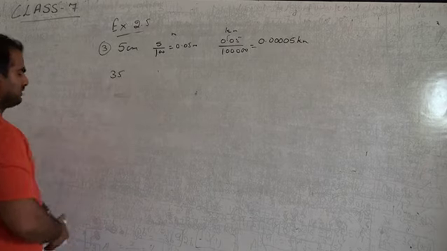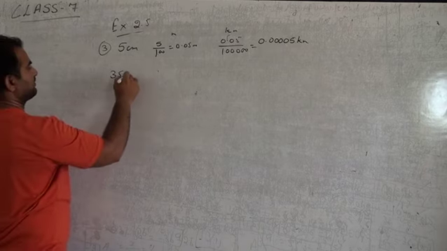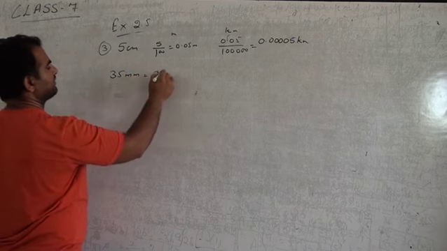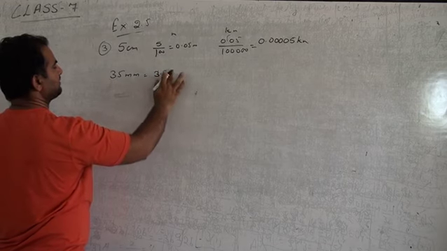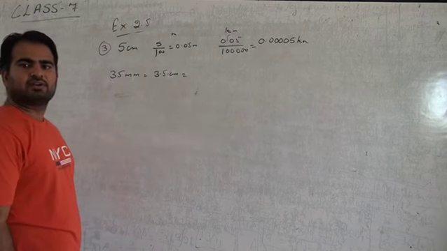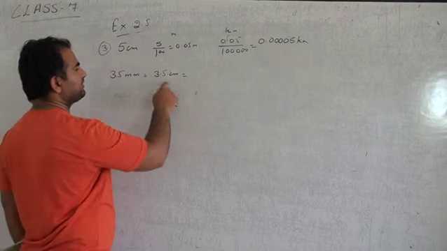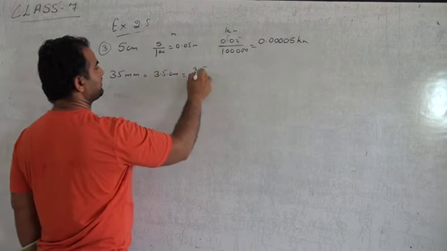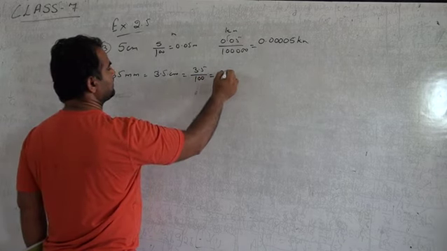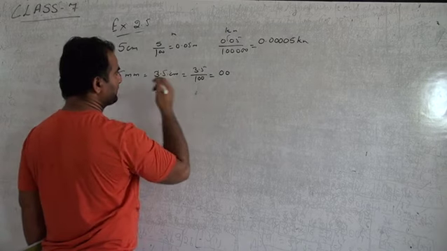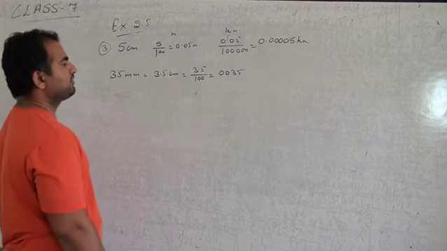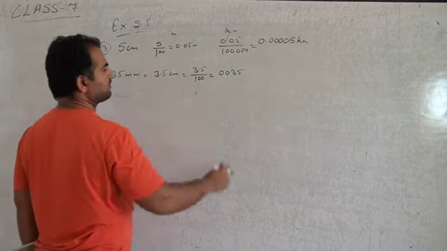35 millimeter. It will be 3.5 centimeter, because we divide by 10. Next, we have to divide by 100. So it will be 3.5 upon 100, which is 0.035. Where do we have to place the point?